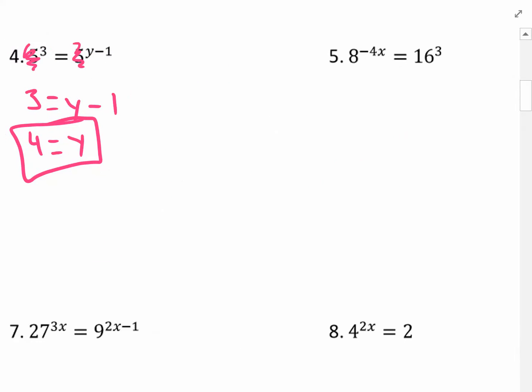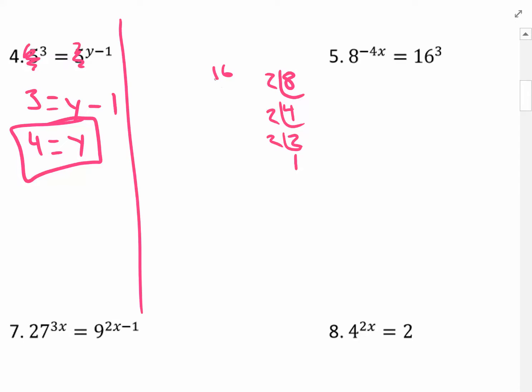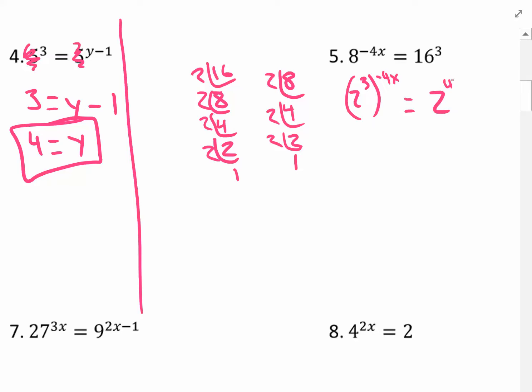All right, problem 5. We've got to hedge 8 and 16. So we get 2 to the 3rd, don't forget the exponent, and 2 to the 4th.